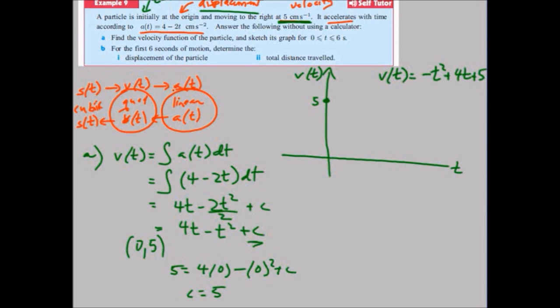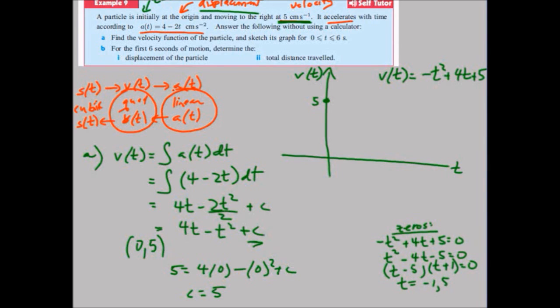Okay, so to help us with the rest of this graph, let's figure out what the zeros are. And the zeros are -1 and 5.